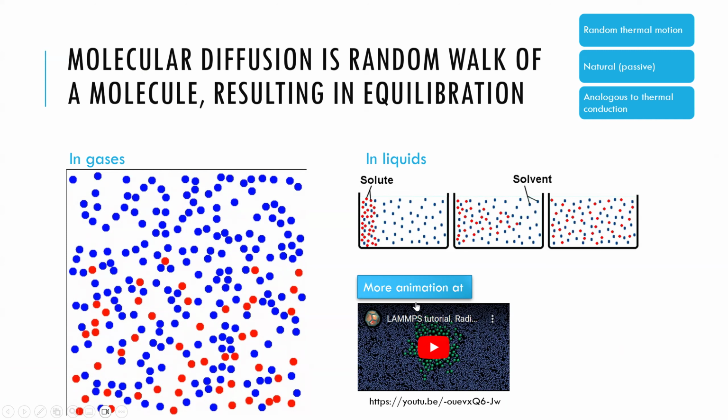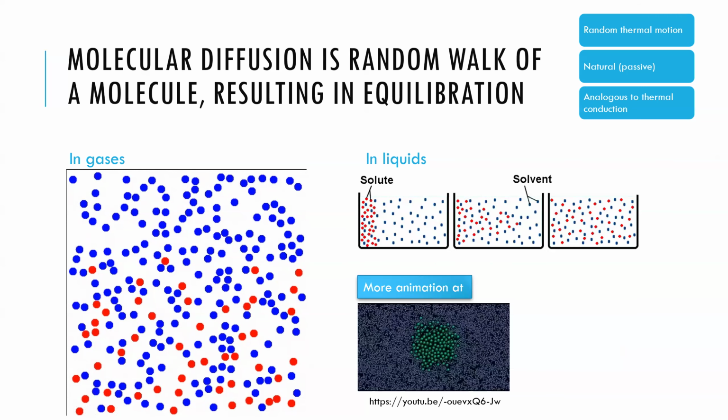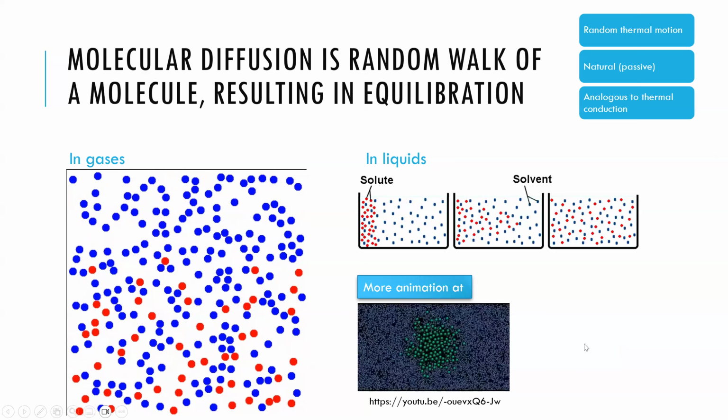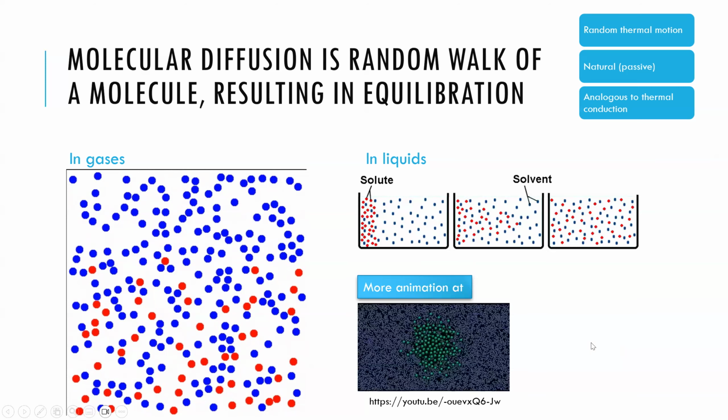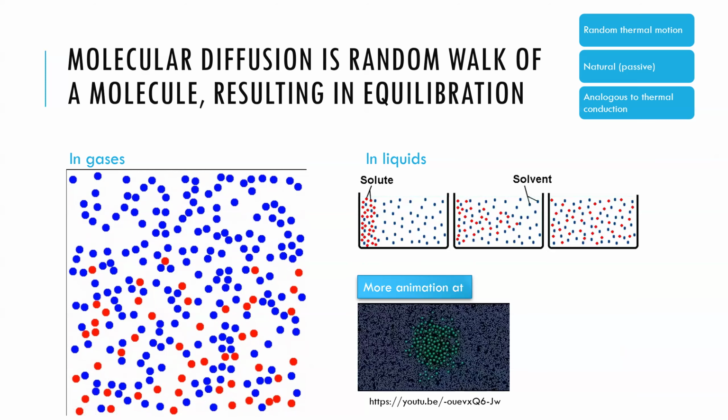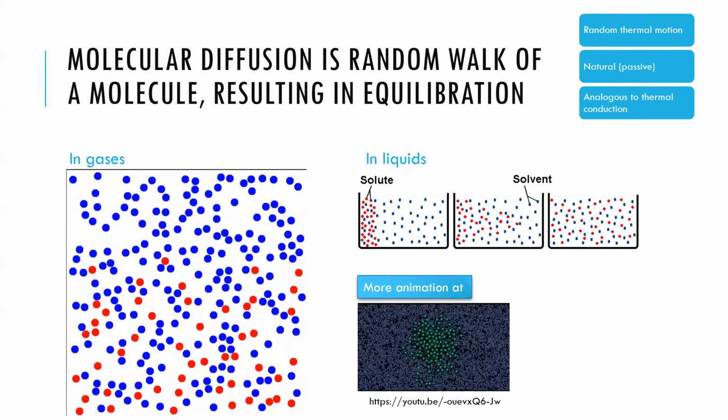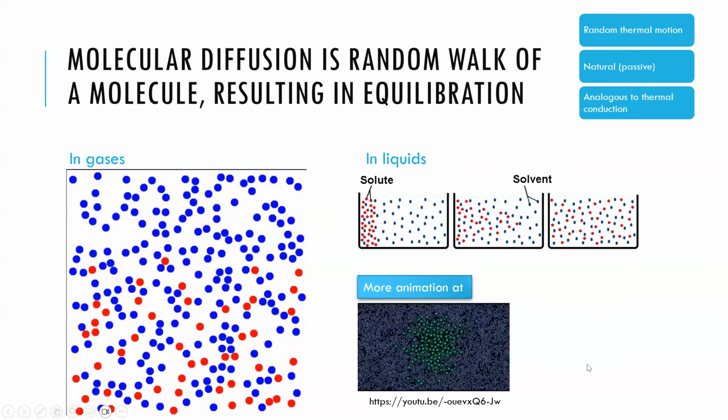You can see more animation of this kind of random movement. It's because the molecules have energy, they're just moving randomly, and so they're spreading out. And it's a slow process overall.